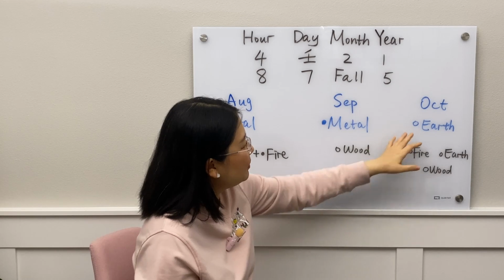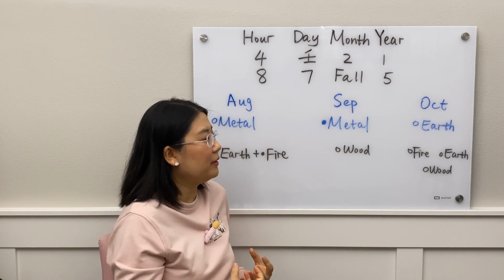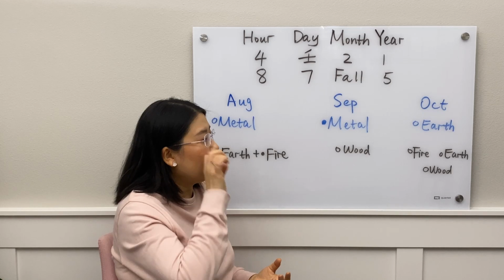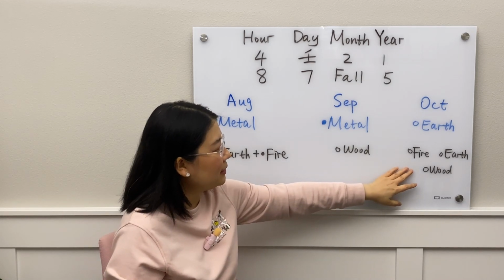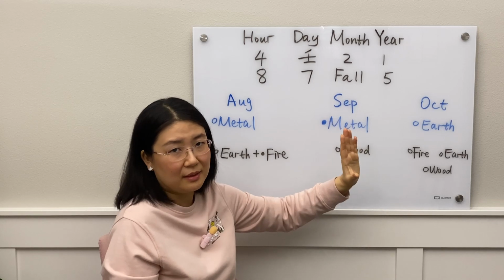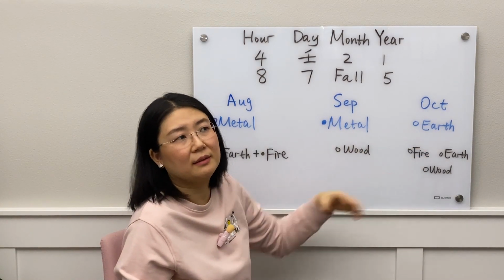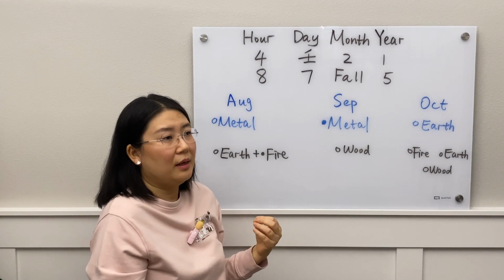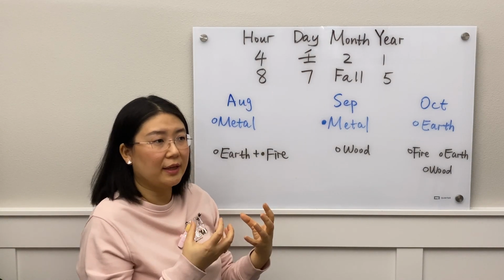Last but not least is the birth month of October. It's a main dry earth type of earthly branch. So for this type of bazi, the best answer is how do we take advantage of this existing feature? You want to make sure your focal point is strong enough, right?